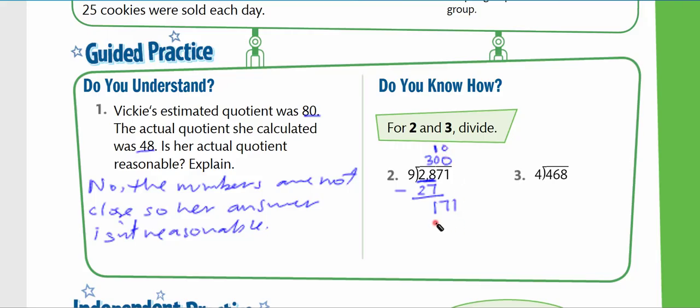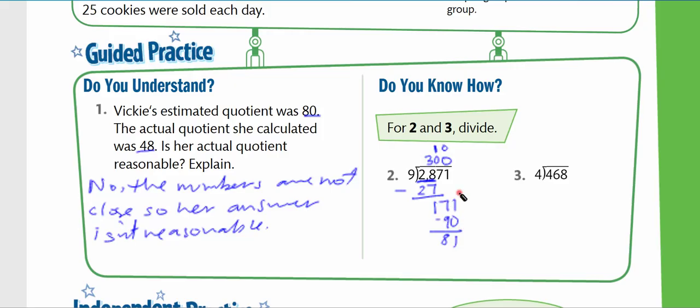In this case, I'm going to go ahead and subtract 90. And so now I can go ahead and subtract, get 81 left over.